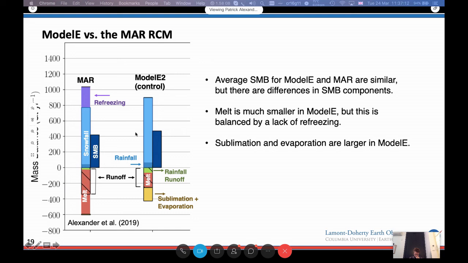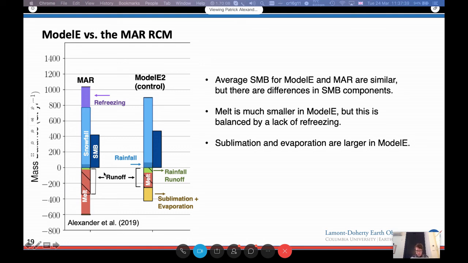So you can see for this Model E default simulation, snowfall is not too different, but we see quite a big difference in terms of melting. So there's much more melting in the MAR regional climate model. But MAR also has refreezing of liquid water, which the GCM currently doesn't include.